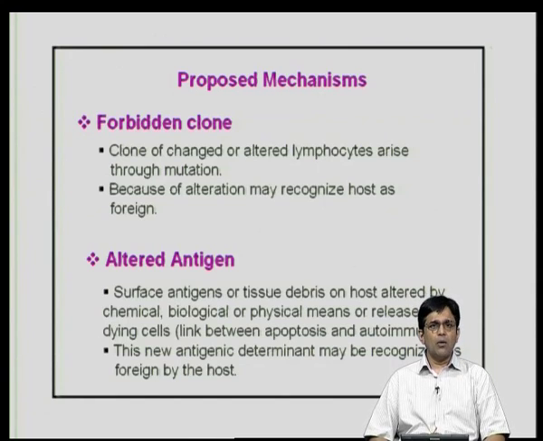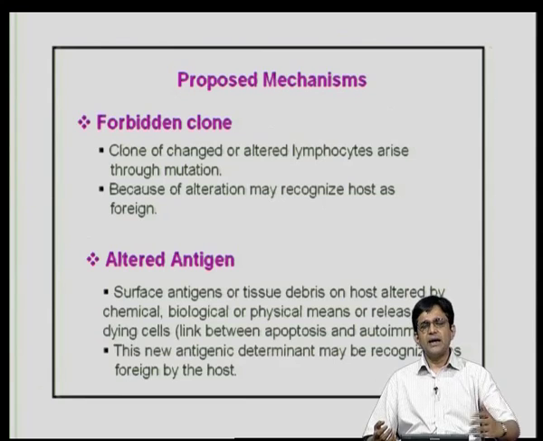Over here what happens is the clone has mutated post selection. There is some mutation, or an altered lymphocyte receptor has been generated through mutation, and because of this it now starts recognizing the host as foreign.